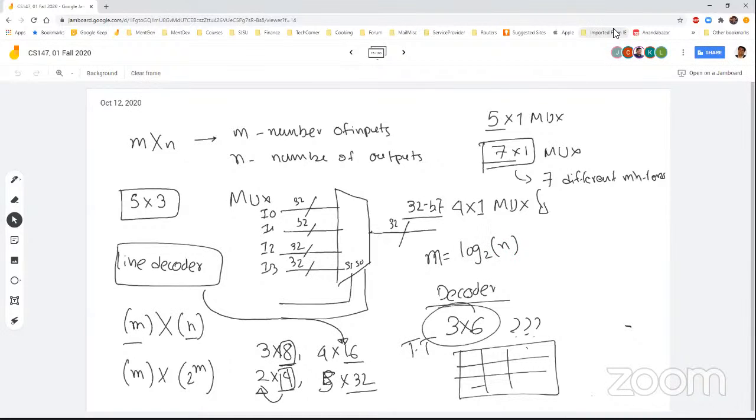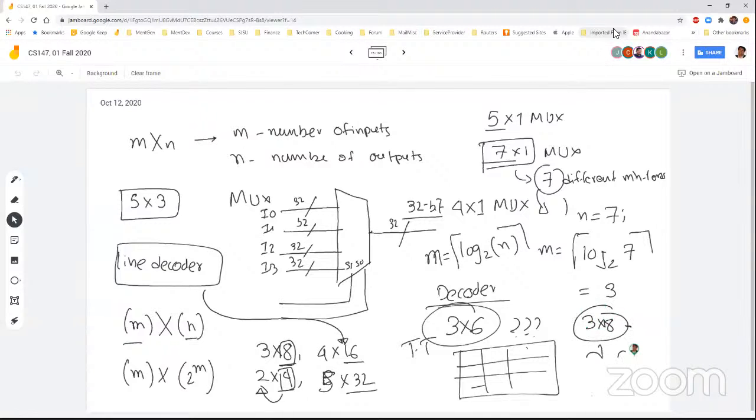In this case, my n is 7, so my m would be ceiling of log base 2 of 7, which is 3. So practically you are looking for a 3 by 8 decoder in this case. You will only use 7 minterms out of it, right?